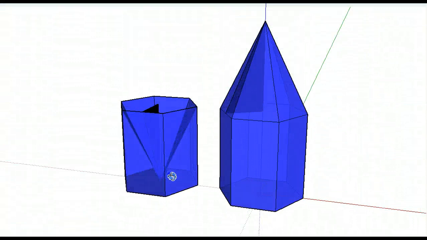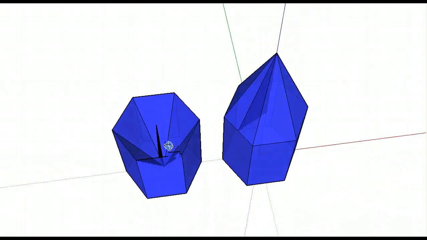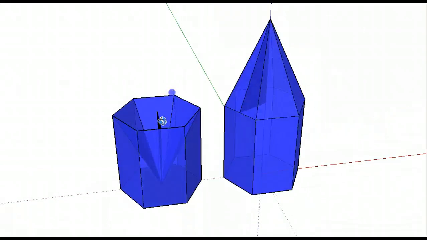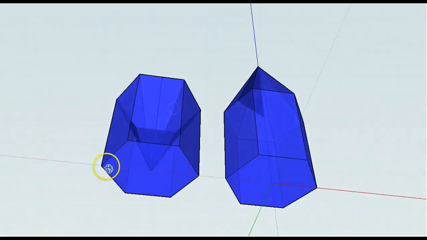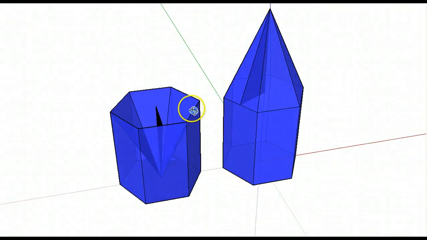If I look at the surface area of this compound solid, the surface area is going to include all of these triangles, all of these rectangles, and a hexagon. Even though this pyramid goes inside, I'm still creating more surface area.